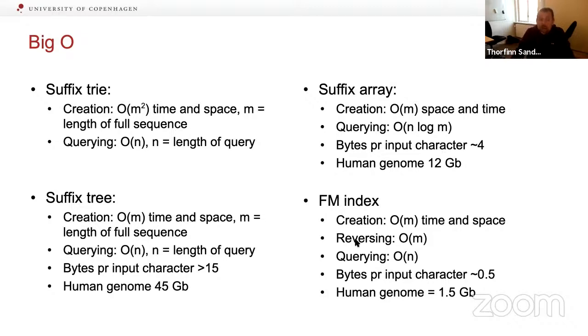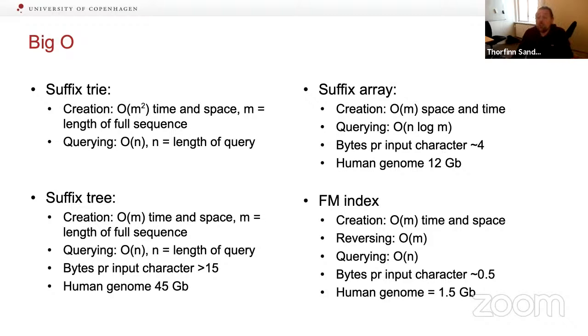But when you apply this Burrows-Wheeler transform and build your FM index, you can represent a full human genome in only 1.5 gigabytes, right? So it's an incredibly efficient way of including all the information of a full sequence.